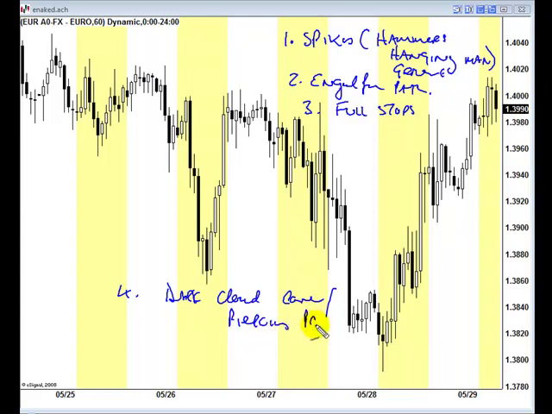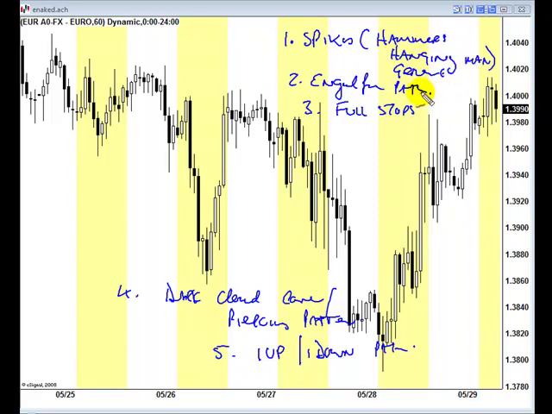Same thing, and I'll go through those individually. And the final one is the one up, one down pattern.